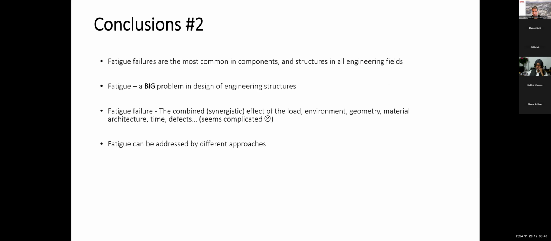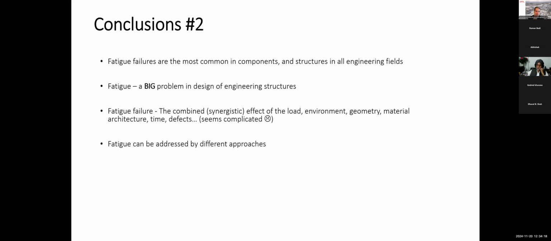We know that fatigue is a big problem in design of engineering structures, and the experimental investigations that we are doing are multi-objective, depending on the test that we do. And on the other hand, I will set it in that way, depending on the objectives that we have, we should clearly define the experimental program, and we should clearly define the parameters of the experimental program that we would like to put in place.